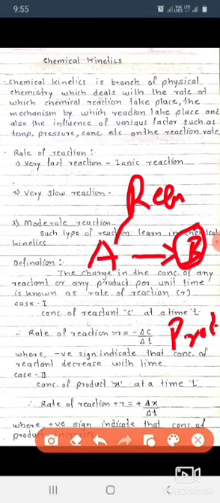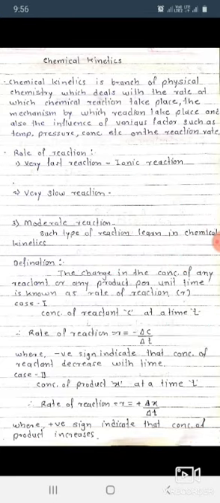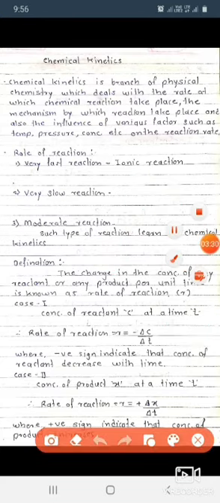We consider the concentration of reactant as C in the first case, and the concentration of product as X in the second case. So let us find the rate of reaction with respect to reactant.